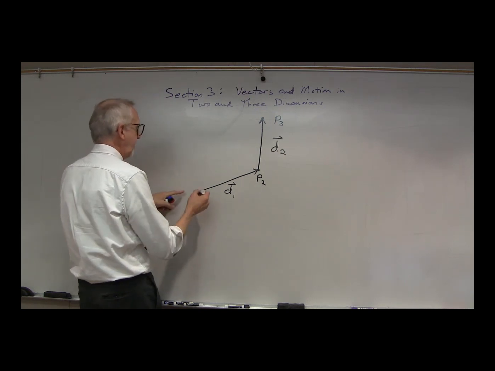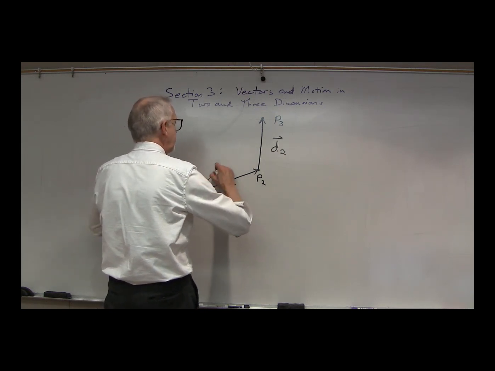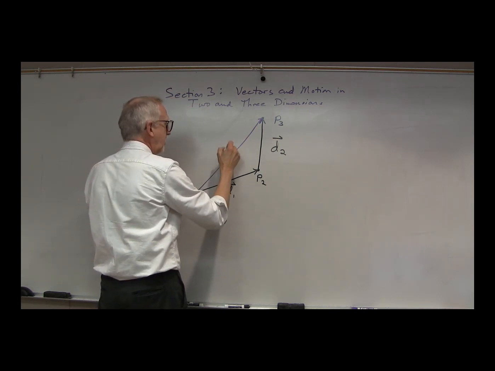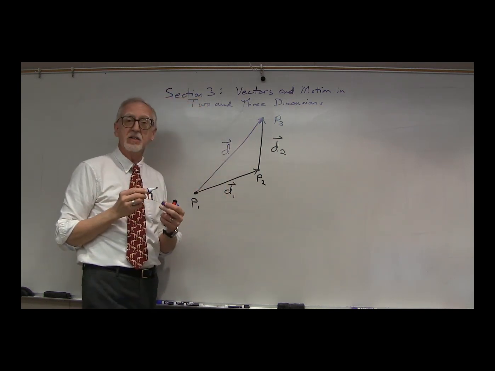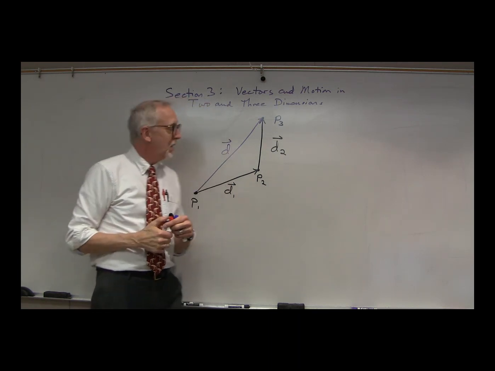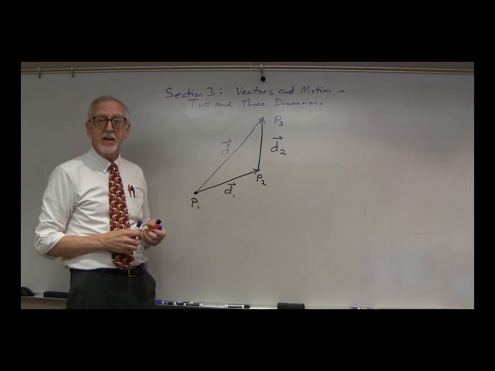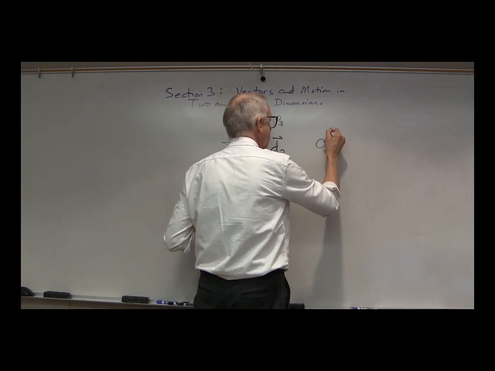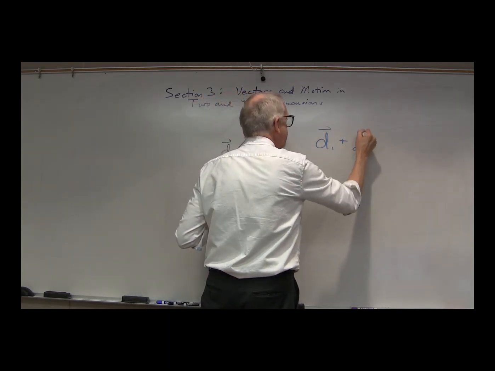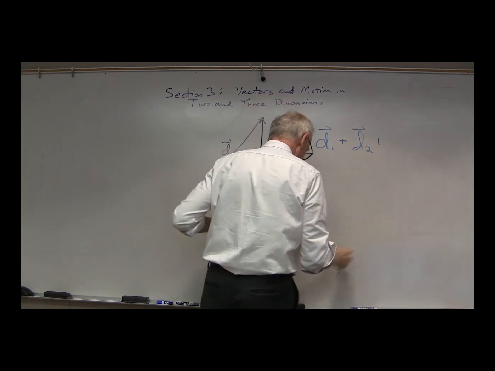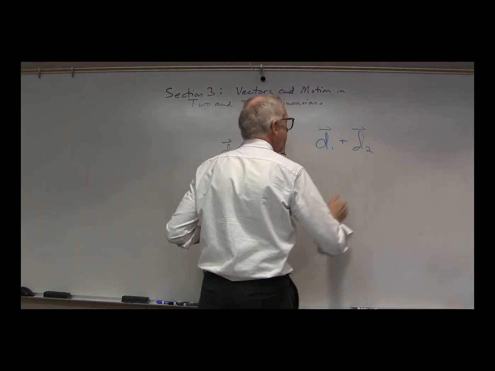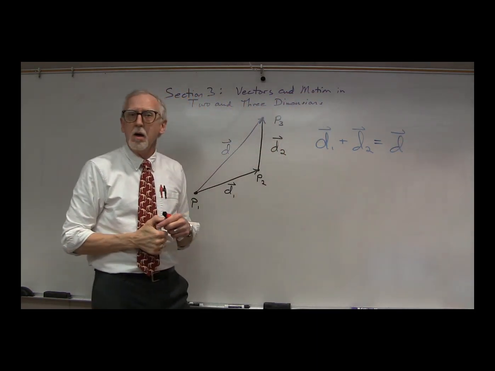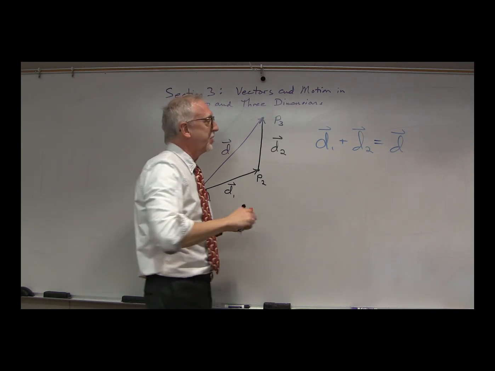All we have to do is draw a vector from P1 to P3, and we'll call that our overall final displacement D. And what we will write then is D1 plus D2 is equal to D. This is a vector addition.